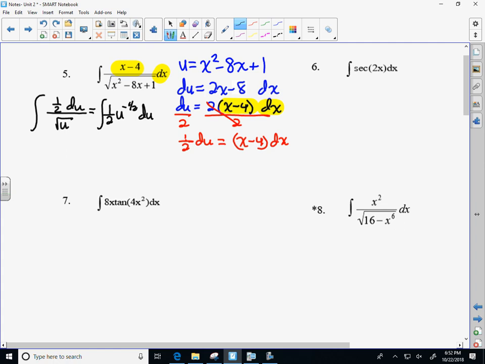So increase the exponent by 1, divide by the new exponent, you actually just get a clean u to the 1/2 plus c, which is the same as saying x squared minus 8x plus 1 to the 1/2 plus c.